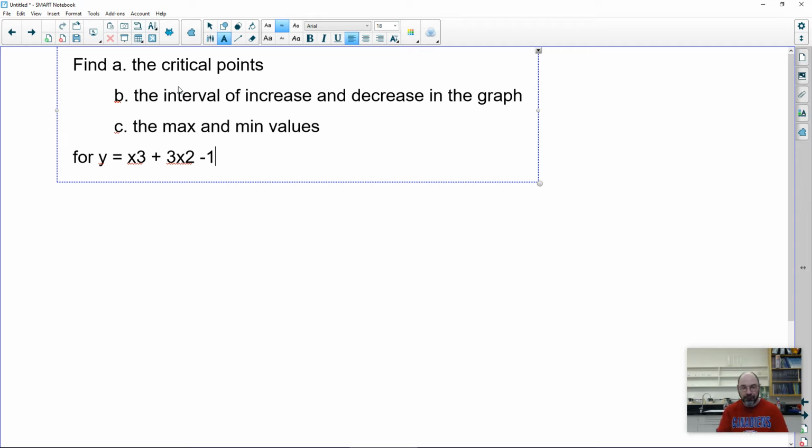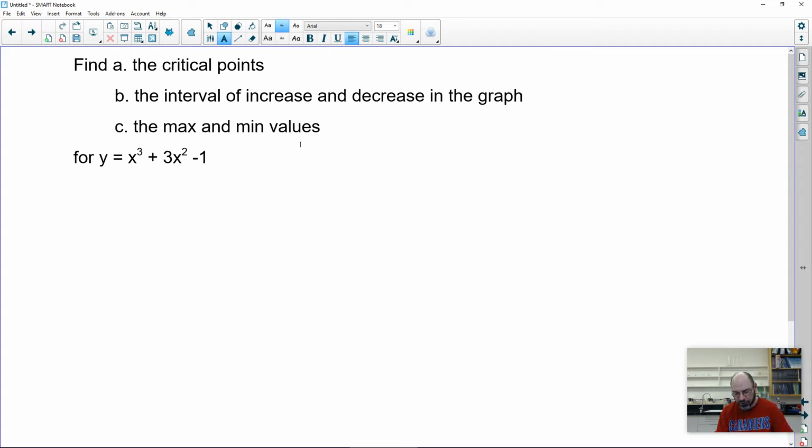Okay, so that's a cubic equation that we have. We don't necessarily need to sketch the graph or use Desmos. We can do it all with calculus. And that's what we're going to do.